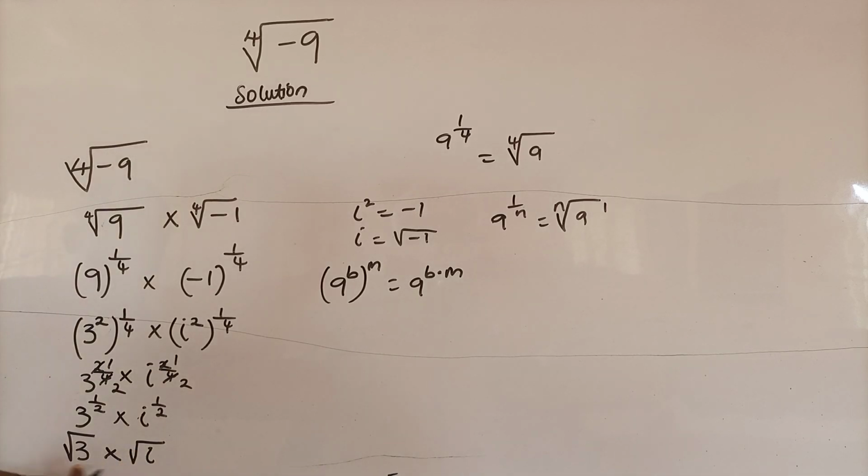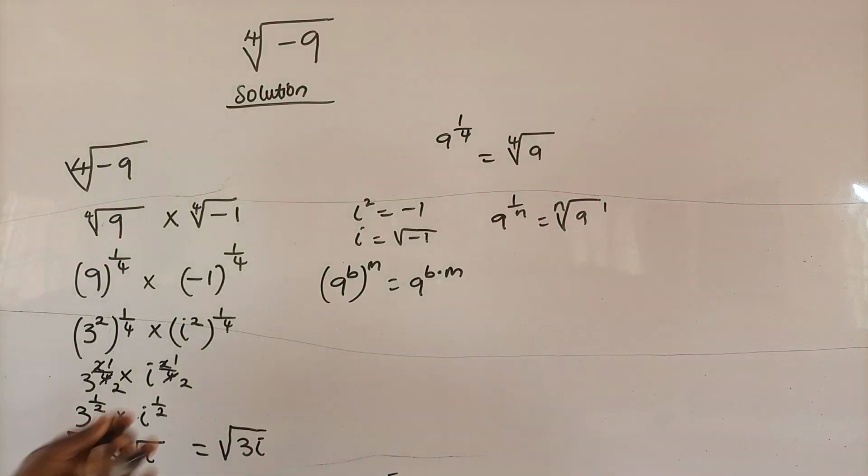Are you seeing it? So can I write this thing as the square root of 3 times the square root of i is equal to the square root of 3i. So this thing is also my answer. I can write it like this. So it's also my answer.